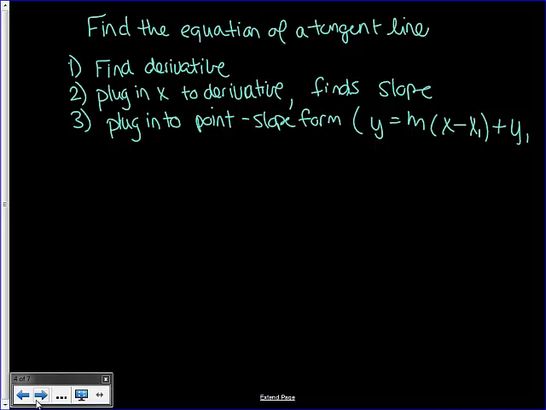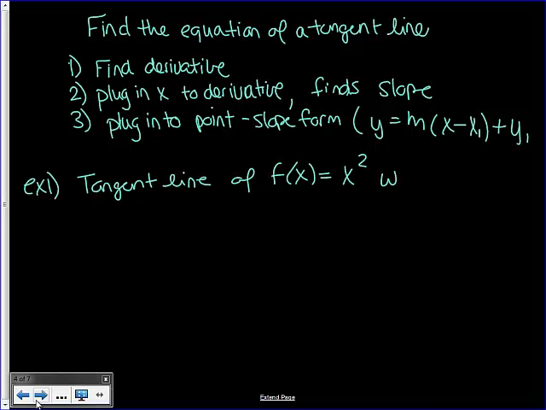Okay? So, example 1. I want the tangent line of f of x equals x squared going through -2, 4.